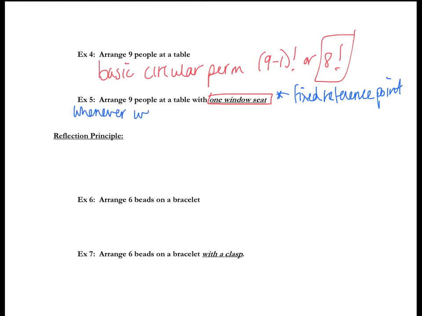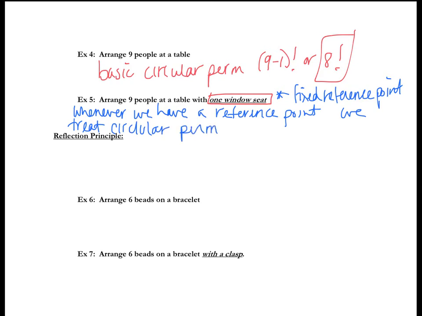Whenever we have a reference point, we are going to treat the circular permutation like a linear permutation. And in this case, we do n factorial.